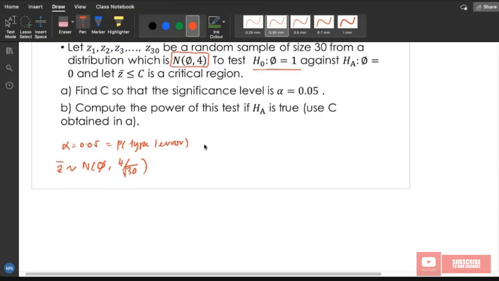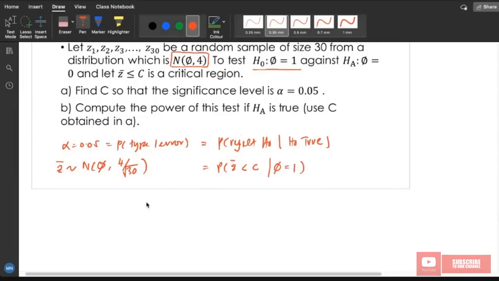So now, the probability of type 1 error is the probability of rejecting the null hypothesis when the null hypothesis is true. So probability of Z bar less than C is rejecting the null hypothesis, when the null hypothesis is true, phi is equal to 1.